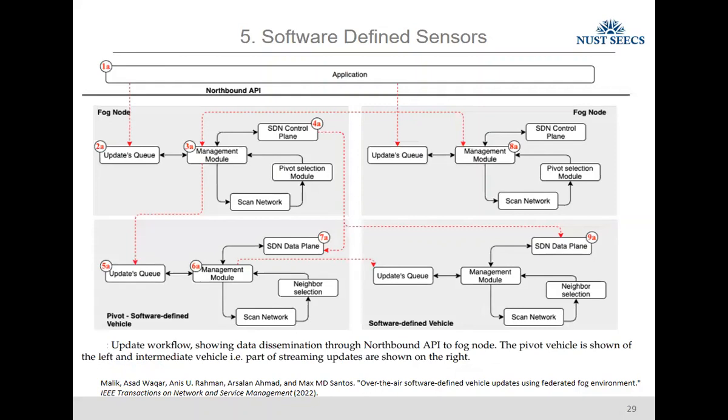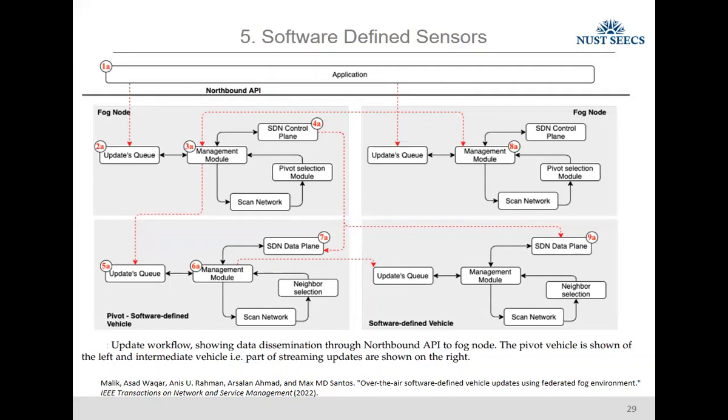Whenever organizations like Tesla want to update their vehicles, they push their updates over the air. But right now they recall all the vehicles in their vicinity and start pushing this update over the air. What we propose is that instead of calling these vehicles to a central location, you can push the updates while they are moving around in the city. The application is pushed through the application layer to the fog node, where we have the SDN controller.